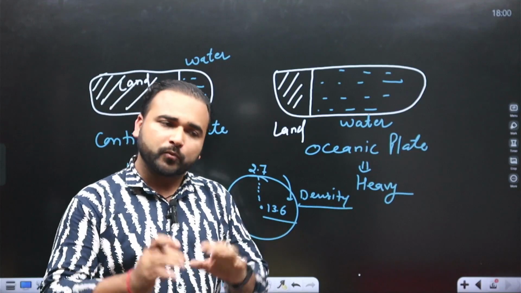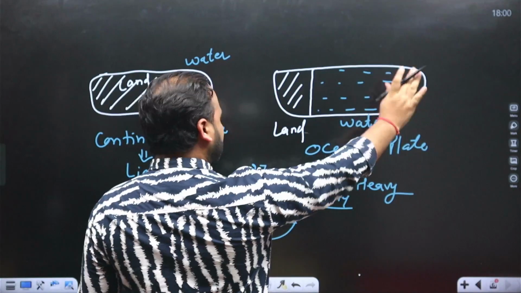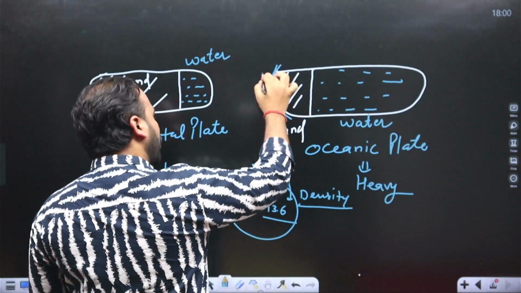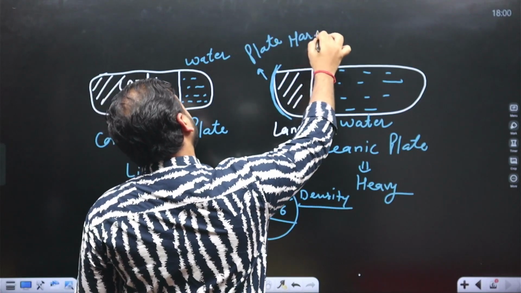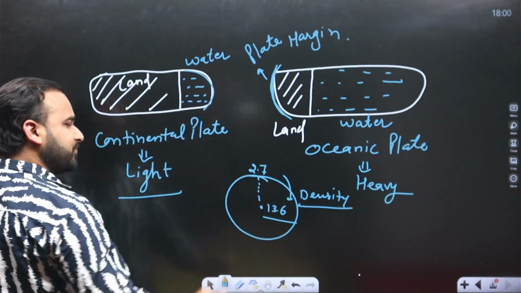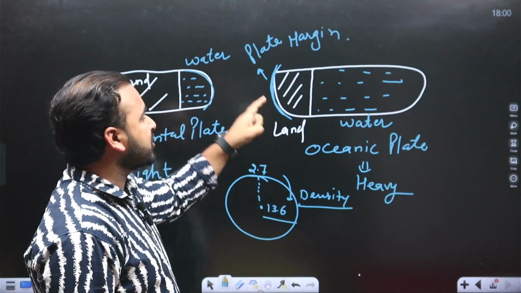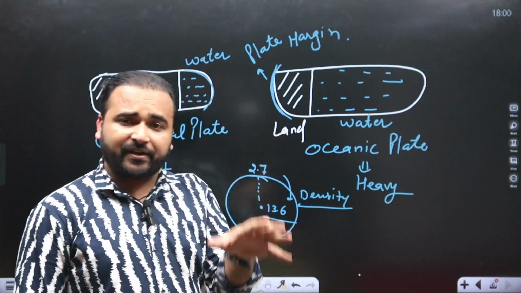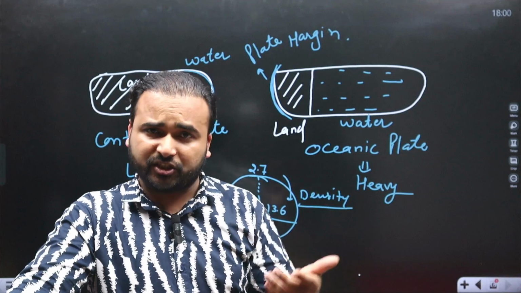Now this is the whole plate, but this portion is known as the plate margin. Here also, plate margin. If there is a strike of plates, it is a strike of margins only, but the central portion will be found unaffected.